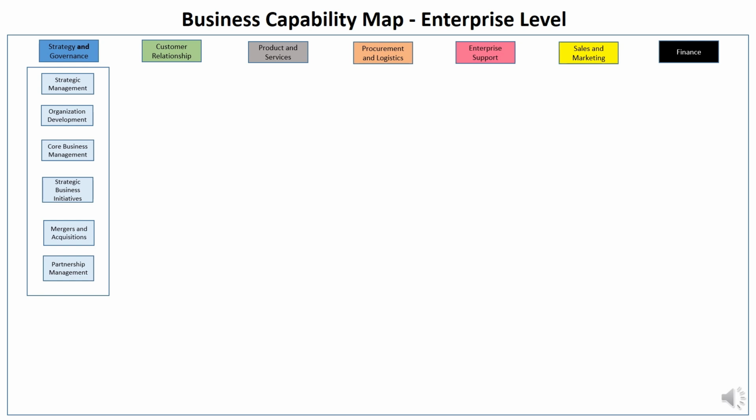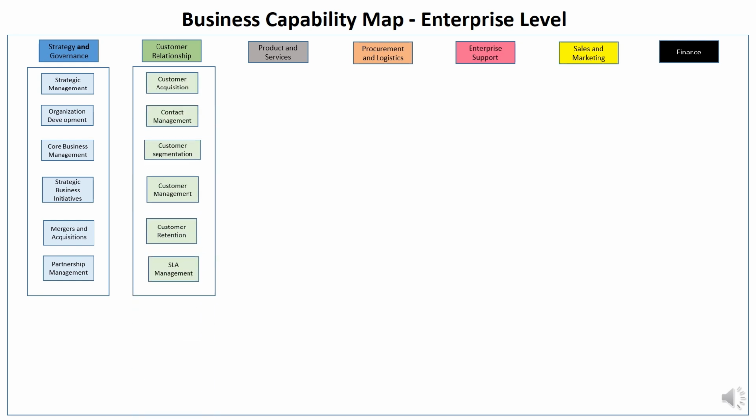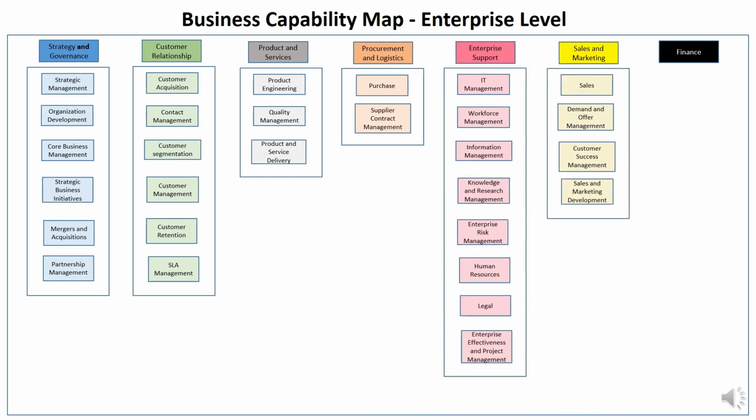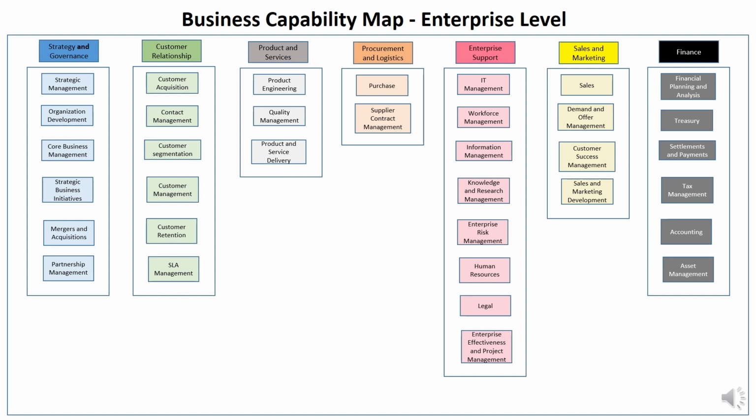So we have strategic management, organization development, core business management, strategic business initiatives, mergers and acquisitions, and partnership management to support strategy and governance. Similarly, for customer relationship, we have customer acquisition, contact management, segmentation, customer relationship management, customer retention, and SLA management. For products and services, we have product engineering, quality management, product service, and delivery. In this way, we have the various sub capabilities supporting the main capability at the highest level.